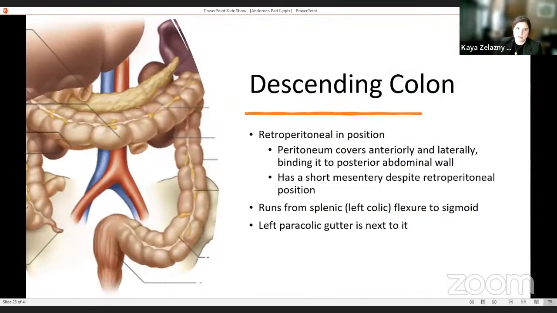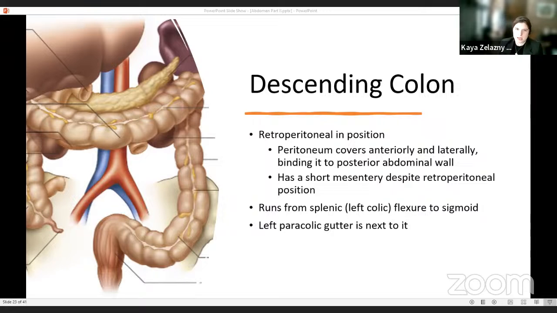All right. So we're now going to move into the descending colon. So we've gone through the cecum, the ascending colon, the transverse colon, across the splenic flexure. Now we're going back down through the descending colon. Like the ascending colon, the descending colon on the left side is going to be retroperitoneal.